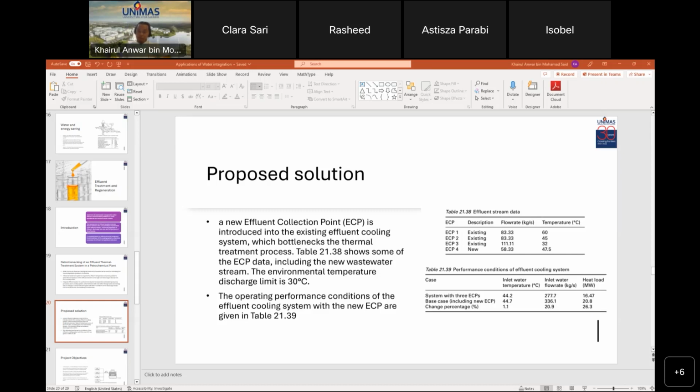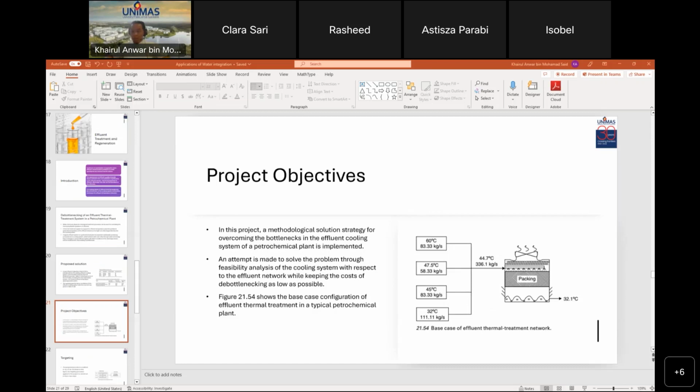Then the heat load of the treatment network, 20.8 megawatt, is bigger than the heat removal of the tower, 16.47, which also means 4.33 megawatt of the heat load needs to be dissipated by additional cooling. Figure 21.54 shows the best case of effluent thermal treatment network.